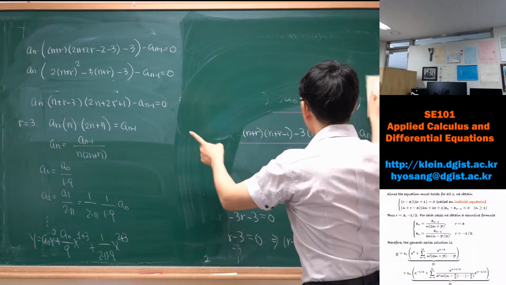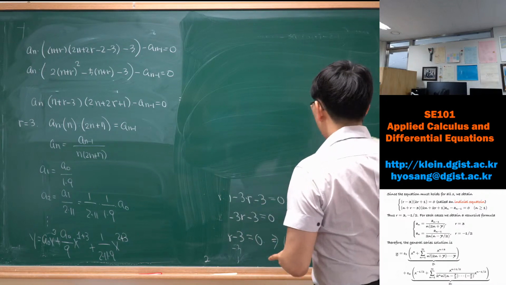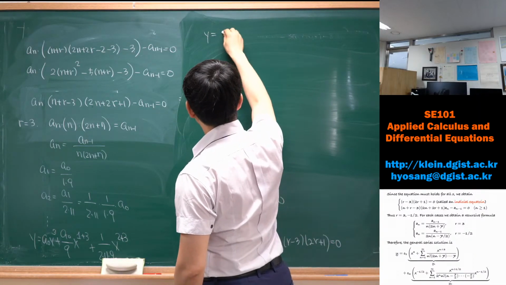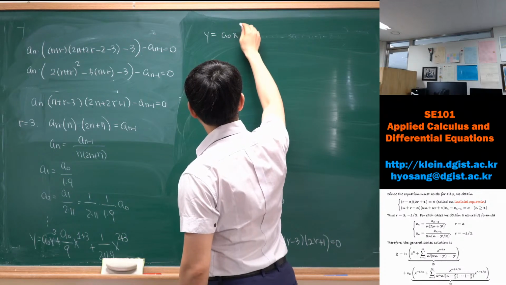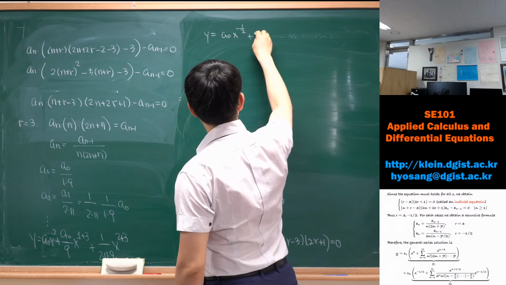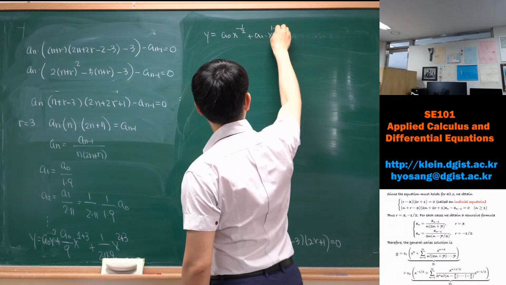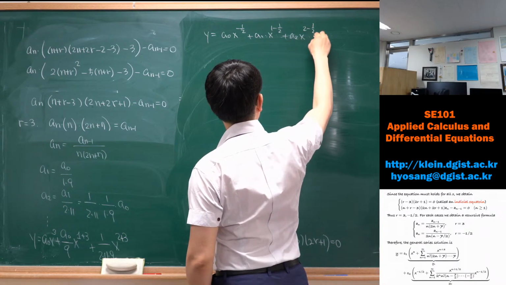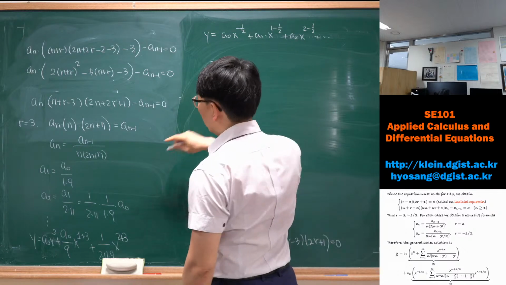And when r equals minus 1 over 2, then our solution now looks like y equals a_0 x to the minus 1 over 2 plus a_1 times x to the 1 minus 1 over 2, a_2 x to the 2 minus 1 over 2, and so on.